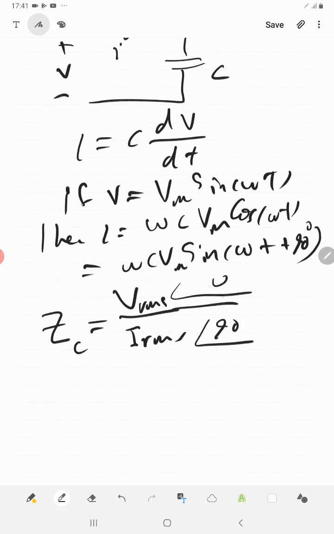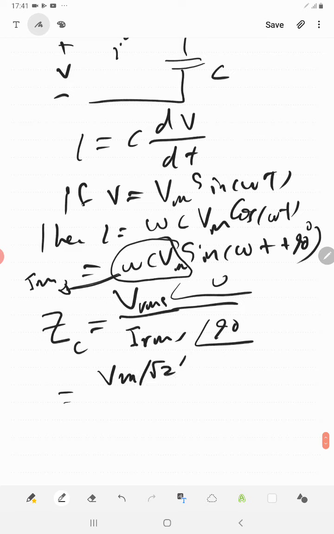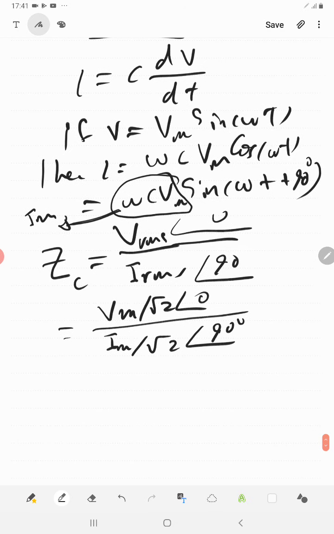So this will be V maximum over root 2 angle 0 divided by I maximum over root 2 angle 90 degrees.